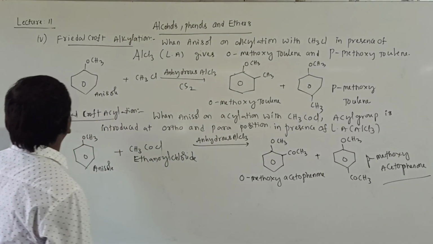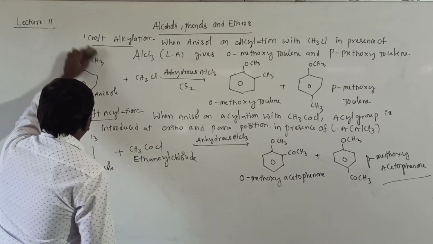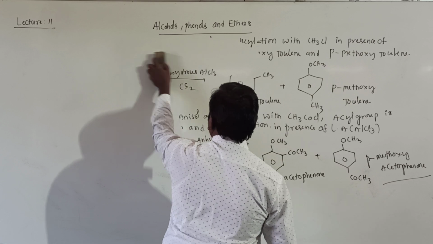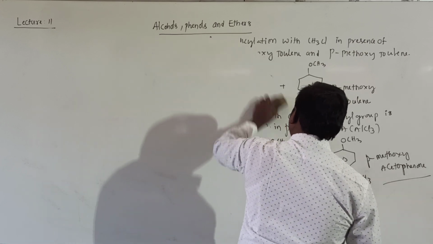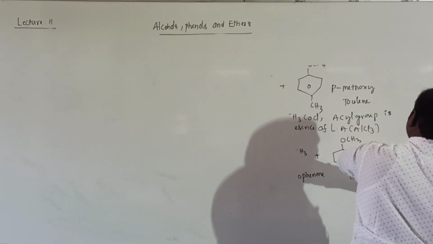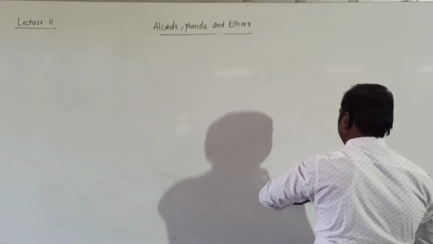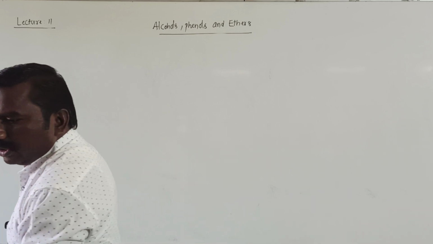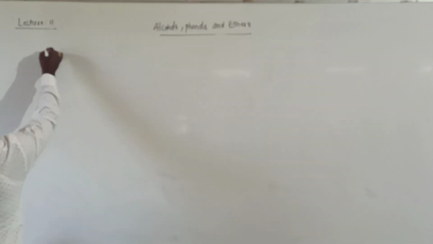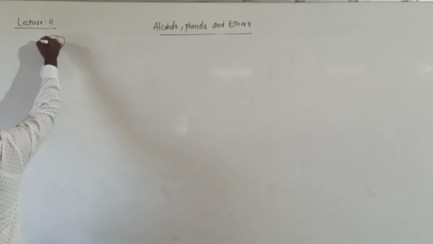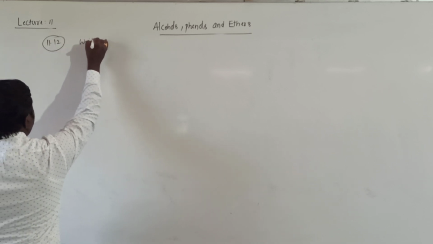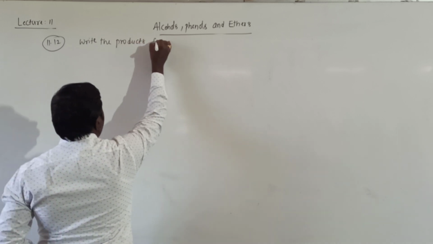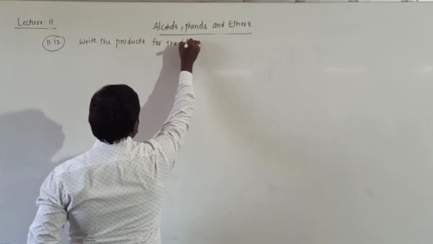Now, the in-text questions on chemical properties. Question number 11.12. Write the products for the following reactions.